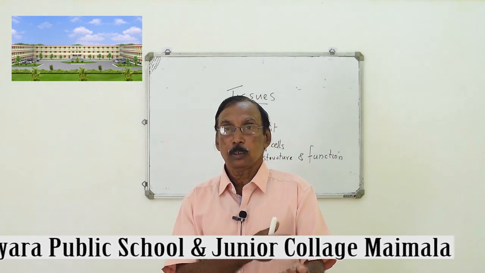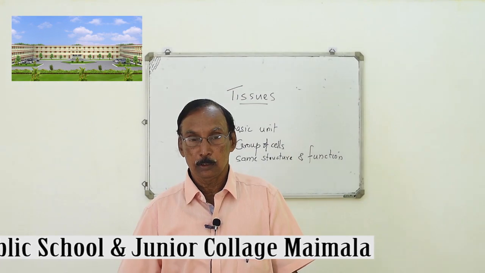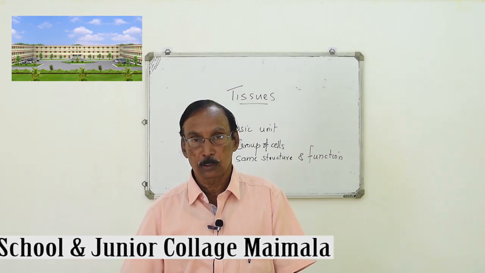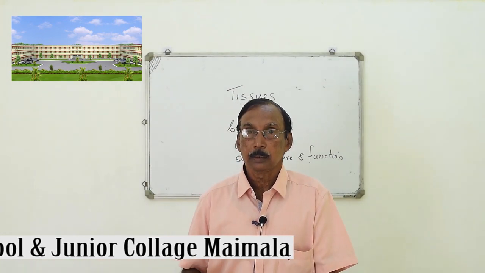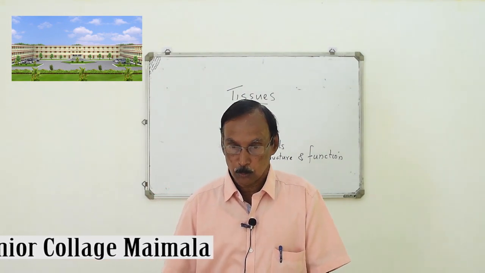For example, in our body, muscle is a tissue. It is made up of one type of cells, muscle cells, and the brain is made up of nervous tissue. So many different tissues are present in our body.